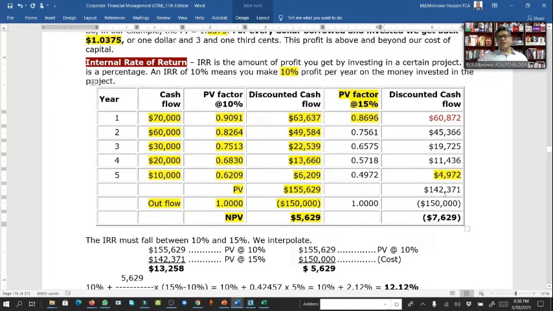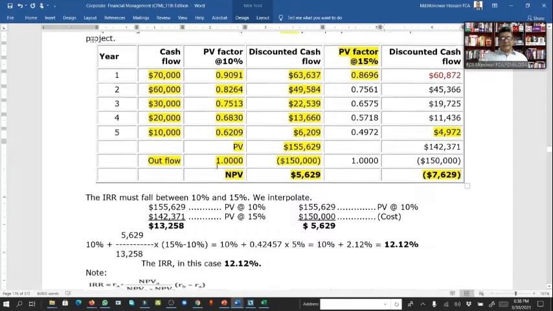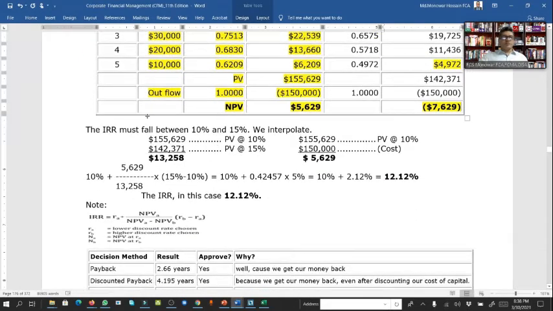Here the total is 1,42,372, but our outflow is 1,50,000. So here the net present value is minus 7,629.